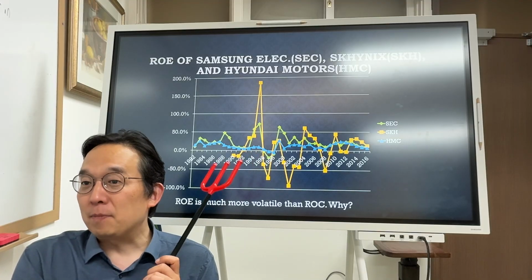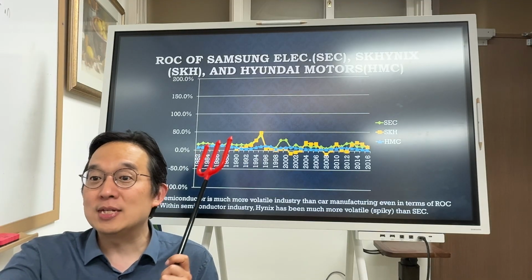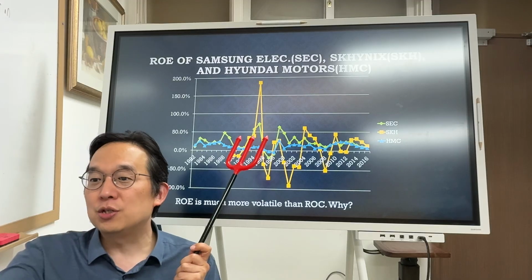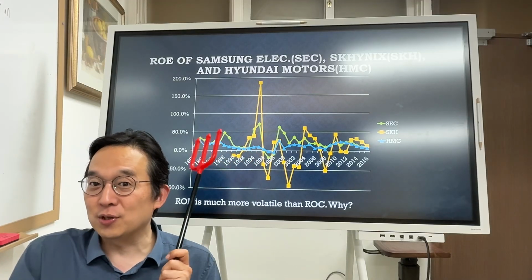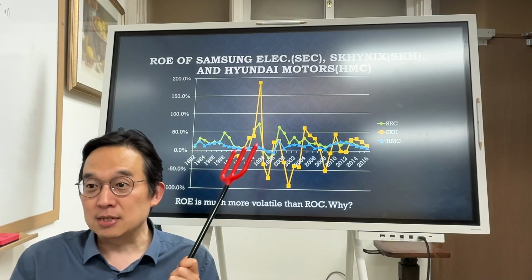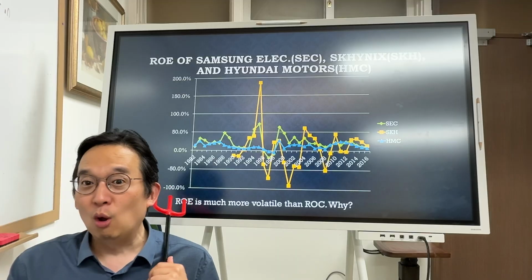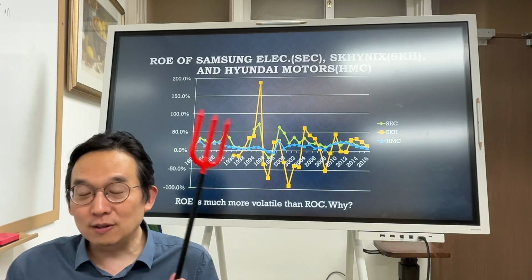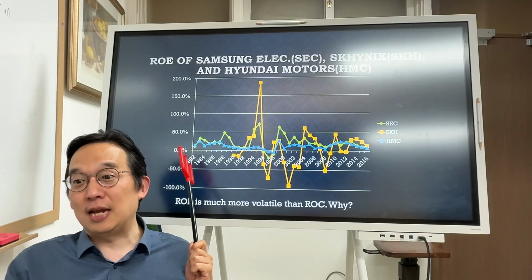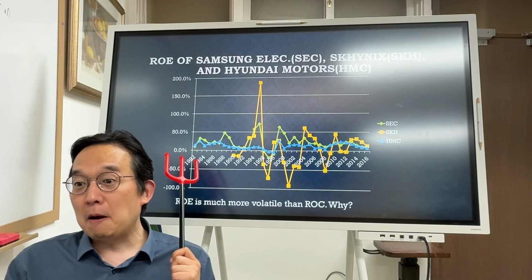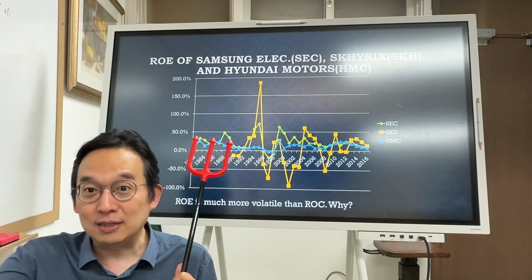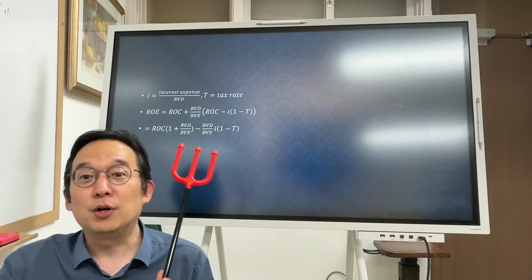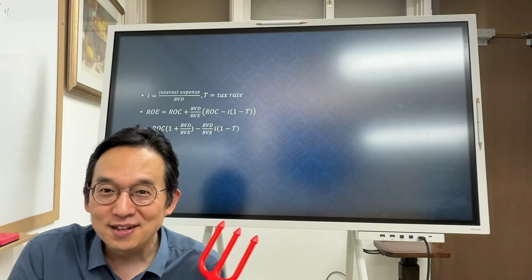And then ROE. On the same scale, I show you ROE here for the same three companies, and you realize ROE is much more volatile, even for the same company. Why is that the case? Because of leverage.